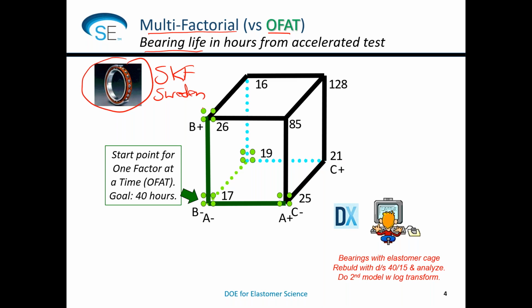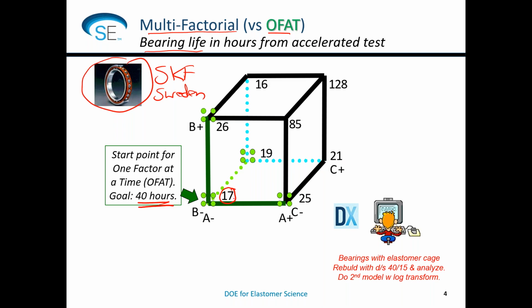Their problem was that Japanese manufacturers in the 70s had come up with new designs that increased the life tremendously at similar or lesser costs. So the engineers in Sweden were tasked with taking a baseline accelerated life of 17 hours and trying to get that more than doubled up to a total of 40 hours at the very least. Otherwise, they would go out of business.